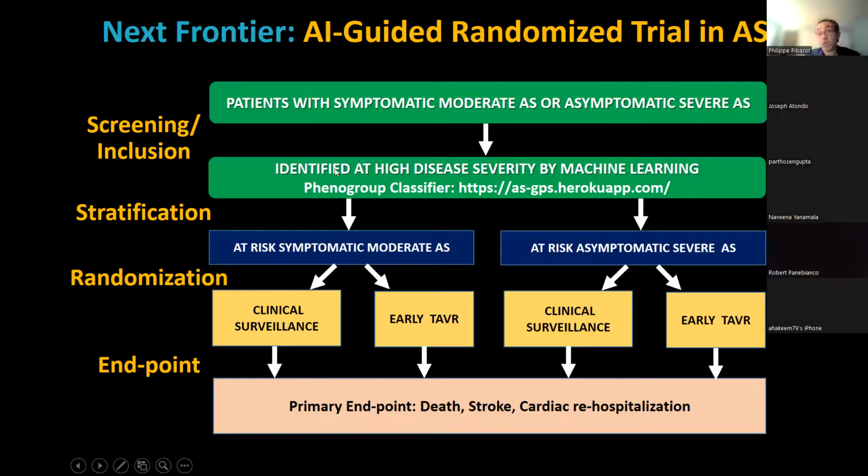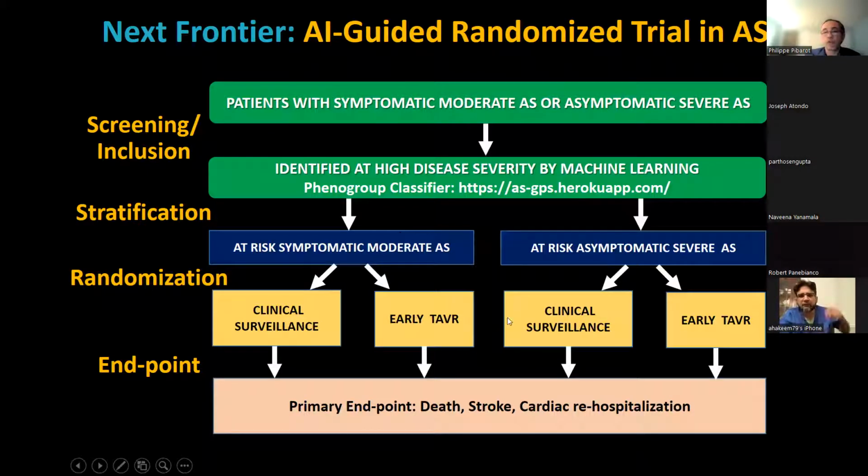One trial that I would like very much to do is to include patients with symptomatic moderate AS or asymptomatic severe AS, because again, these are the two populations where we will need to individualize and optimize the timing of intervention. Then in these patients that will be screened, by entering the 5 echo parameters, we identify those who are at high disease severity by machine learning, using the classifier that we previously validated.